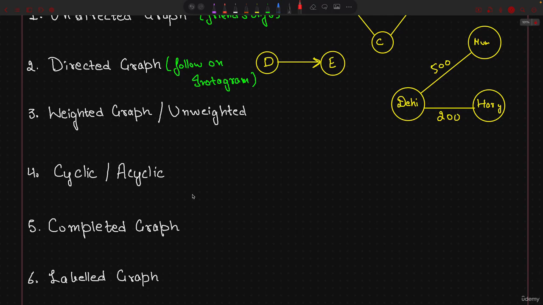Let us first talk about the cyclic. A cyclic graph is a graph that contains at least one cycle. So let me write that down. Cyclic implies it contains one cycle at least.